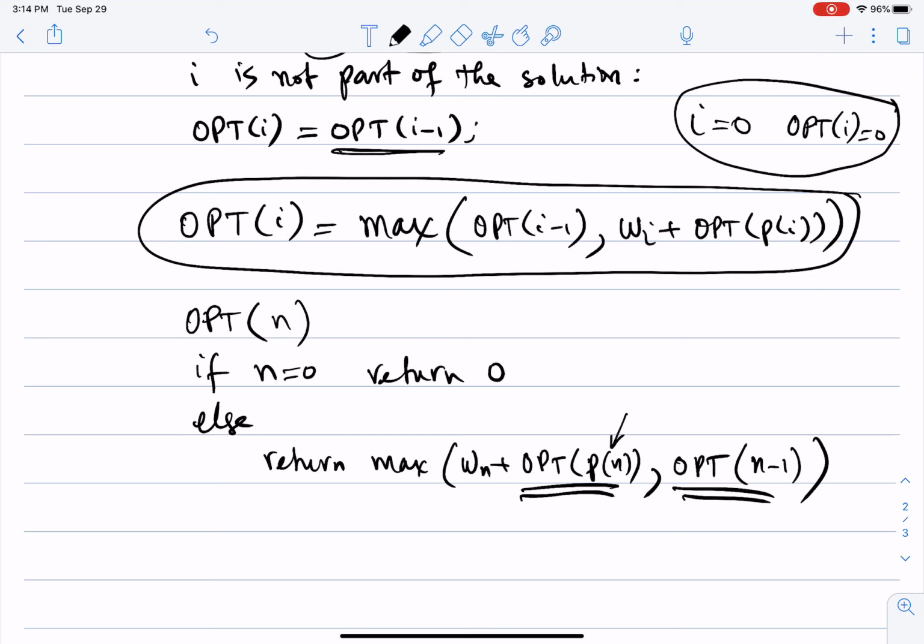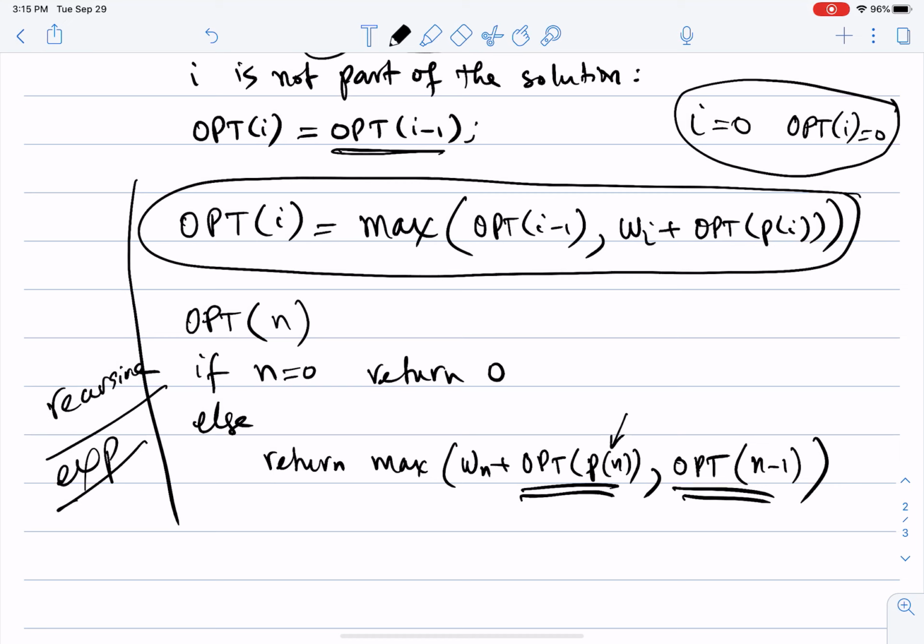So dynamic programming says instead of computing opt as a function and calling opt on n minus 1 and P of n, turn opt, this function, into an array in this case, okay? So this is the recursive algorithm, and it is exponential, okay? It's not good.